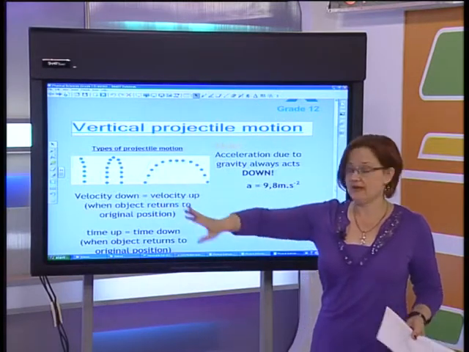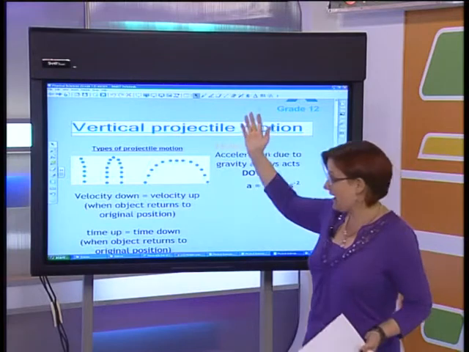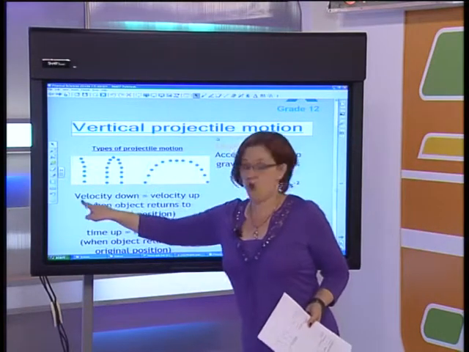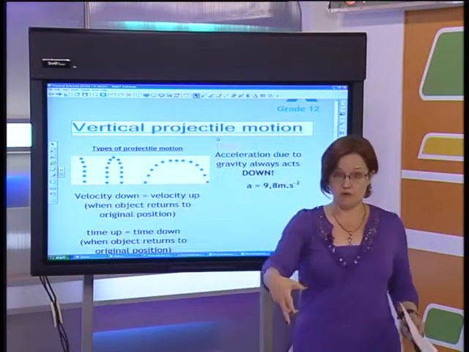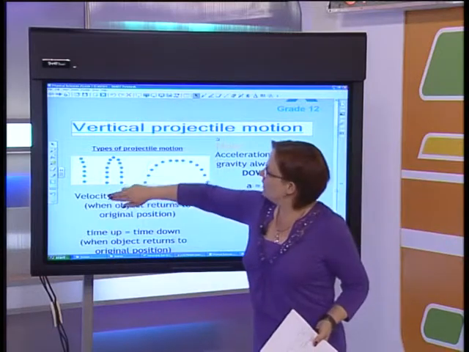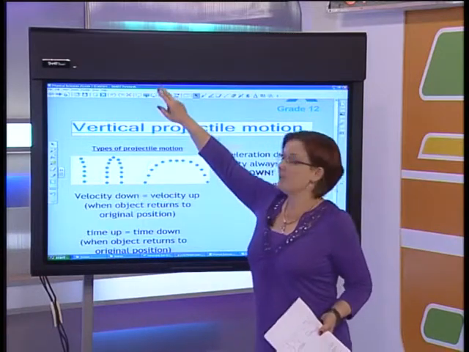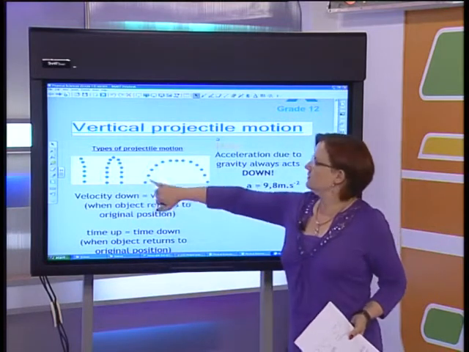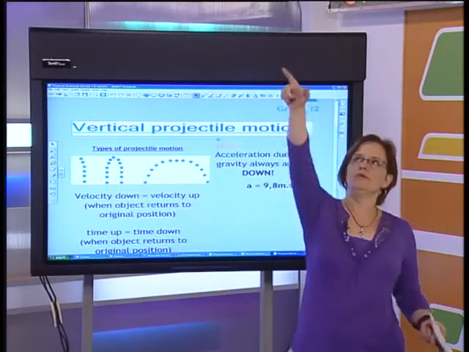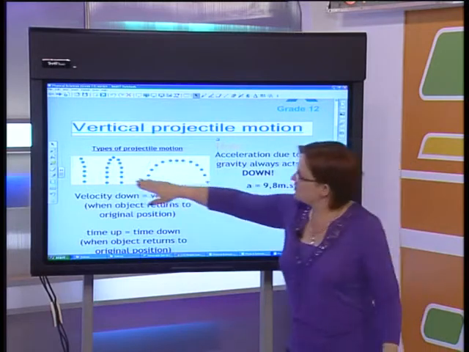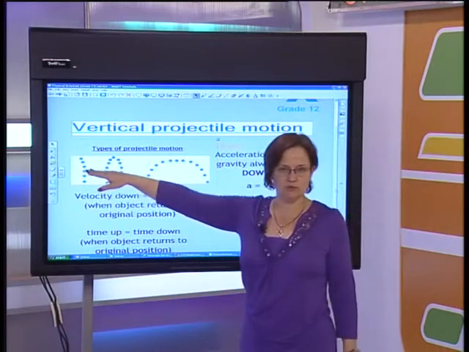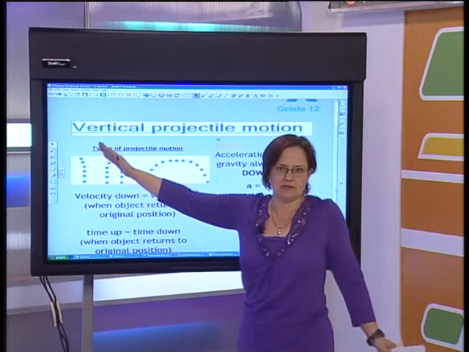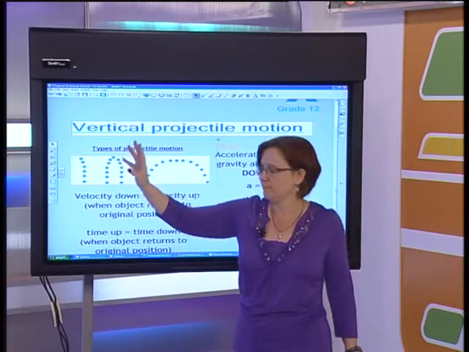We're looking at objects that are either dropped, or thrown straight down, or thrown straight up and caught. Or we're going to consider objects thrown at an angle. We're not concerned with the horizontal motion because that's irrelevant at this point. We're only looking at one dimension.